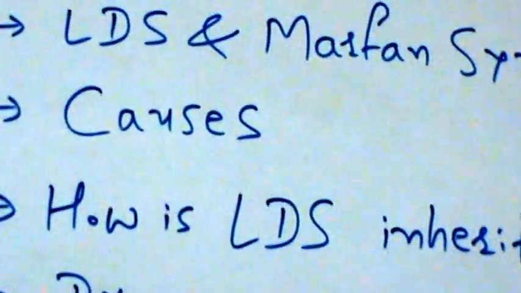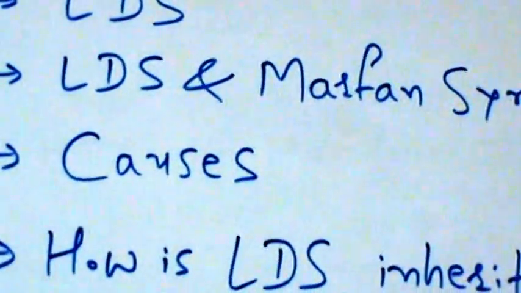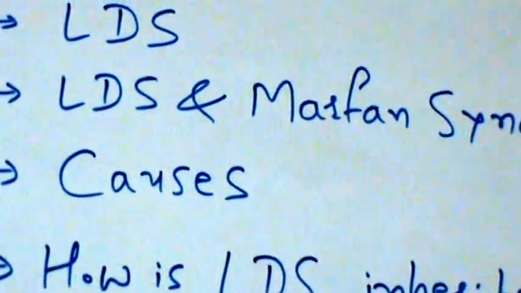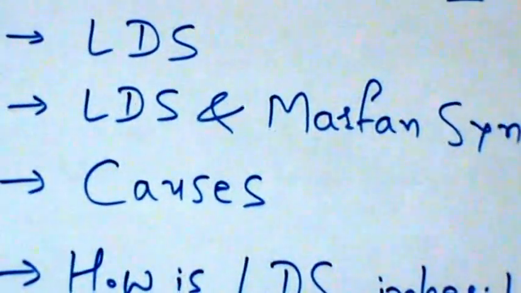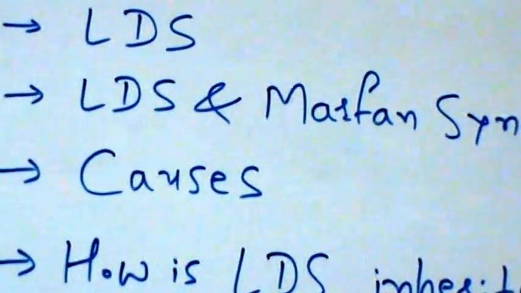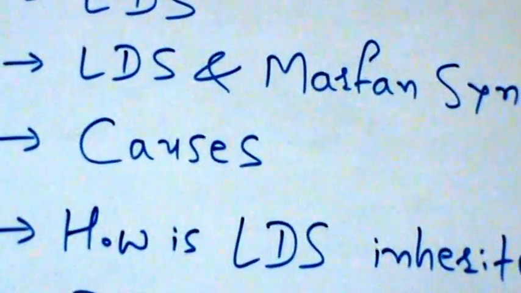What are the causes contributing to LDS? LDS, ranging from type 1 to type 5, is caused by a genetic mutation in one of the 5 genes that encode for the receptors and other molecules in the transforming growth factor beta, TGF-B, pathway.